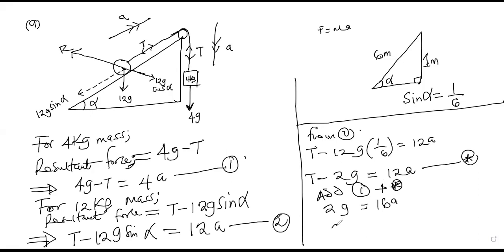And this one will give me my acceleration as 2 times G, which is 9.8, everything over 16.